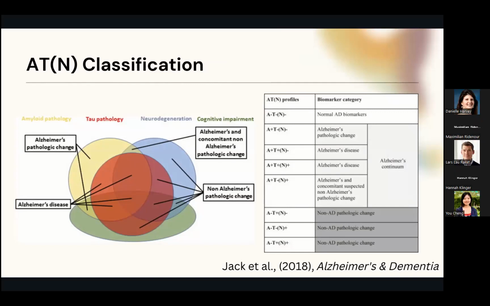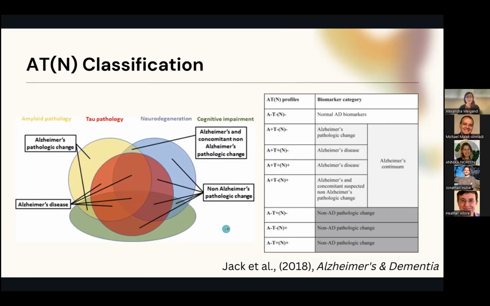And this leads to different nomenclature used for these different groups. So you can see in the light gray box here that anyone who has abnormal amyloid or amyloid positivity as measured with biomarkers is considered to be on the Alzheimer's continuum. That's also represented here in the yellow circle, where anyone with amyloid pathology, regardless of the presence or absence of other pathology, is considered to either have Alzheimer's pathologic change or Alzheimer's disease.